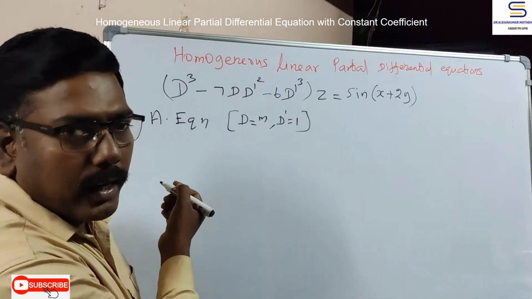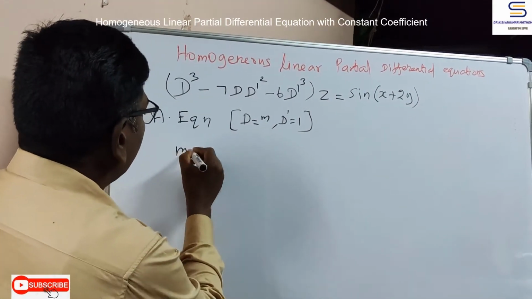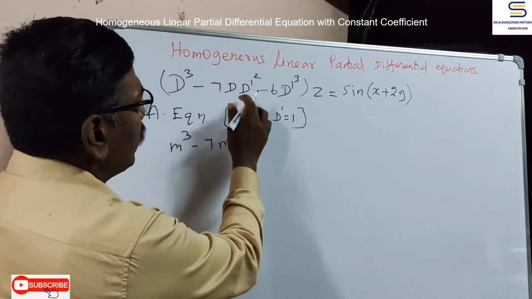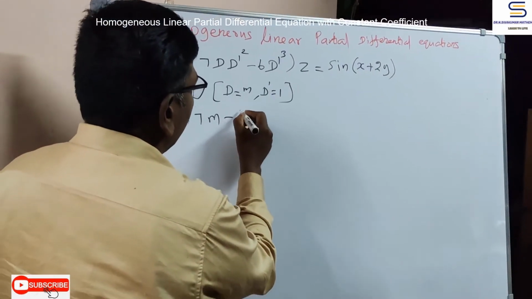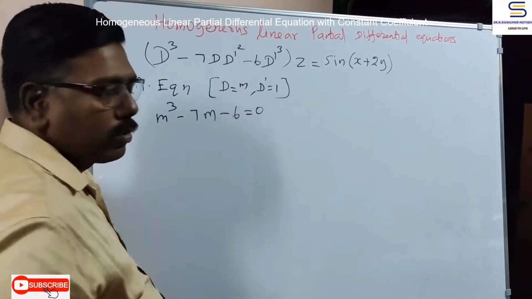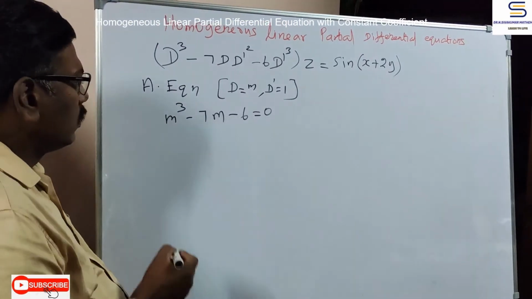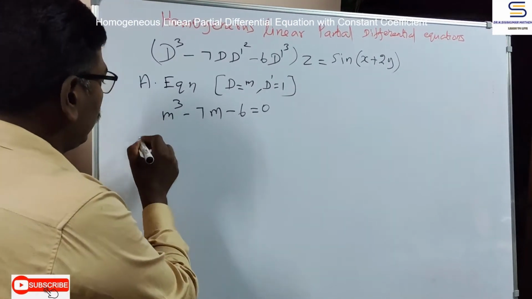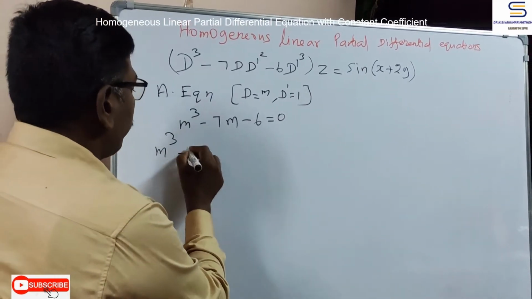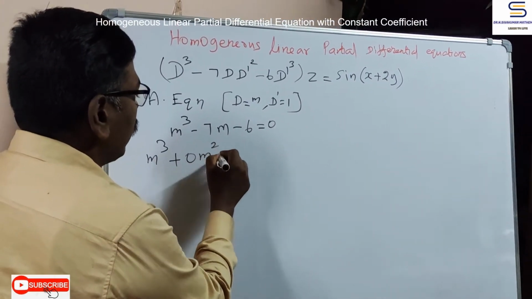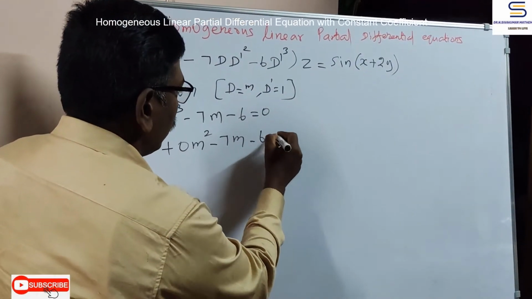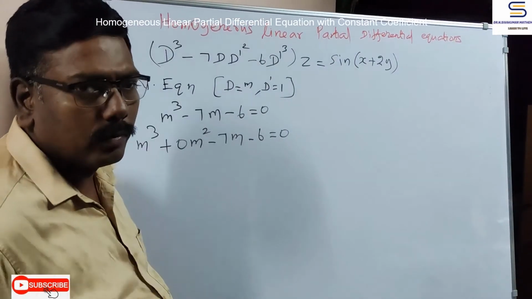So the equation is modified as m³ − 7m(1)² − 6(1)³ = 0. I am writing in this format: m³ + 0m² − 7m − 6 = 0.